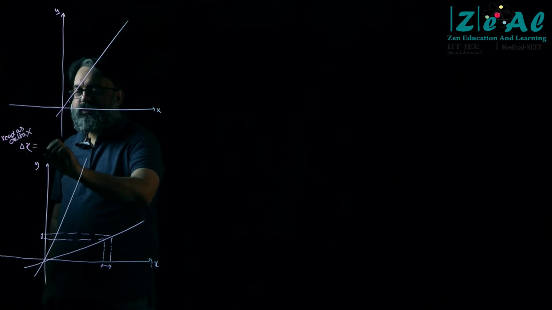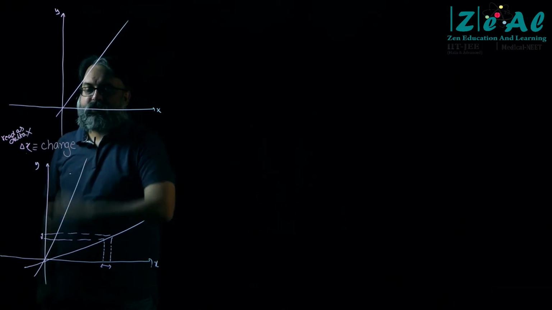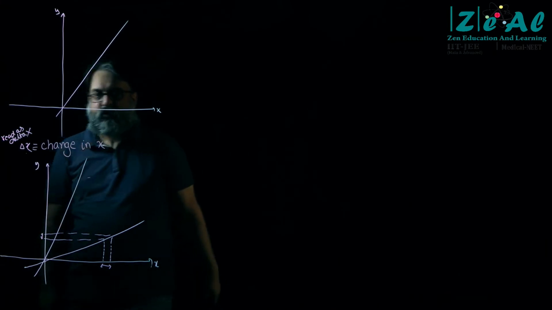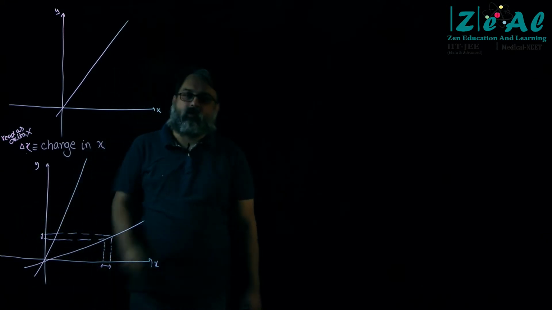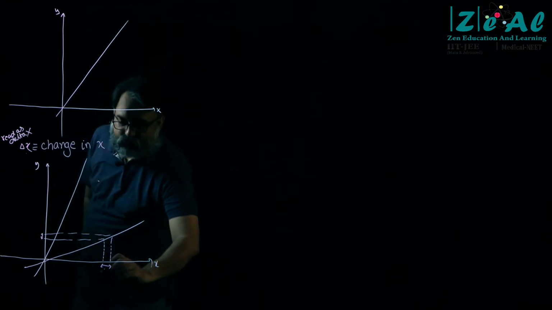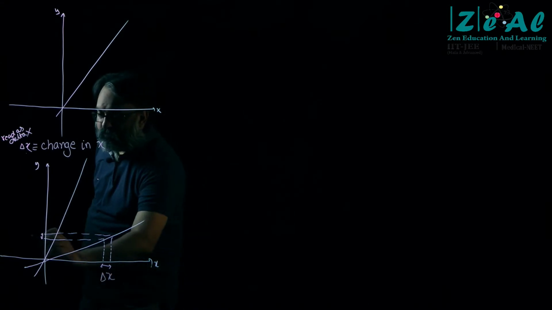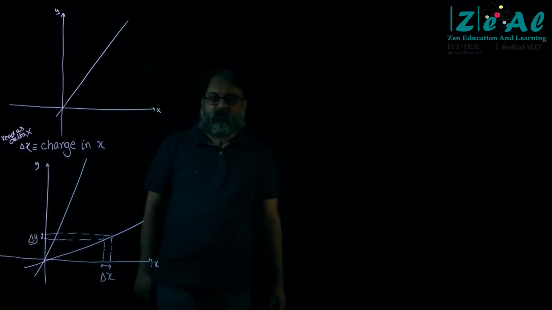And this is basically going to represent the change in x. So every time I am saying change in x, change in y, I don't want to do that. So therefore I am just going to say that, look, this is the change in x and the corresponding change in y is this. See, makes my life very easy.